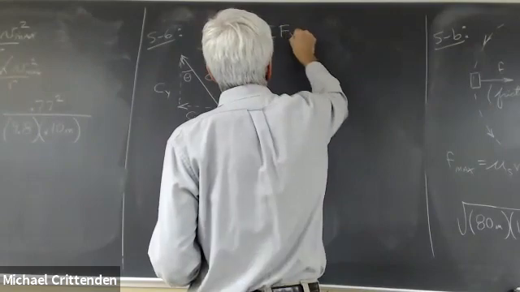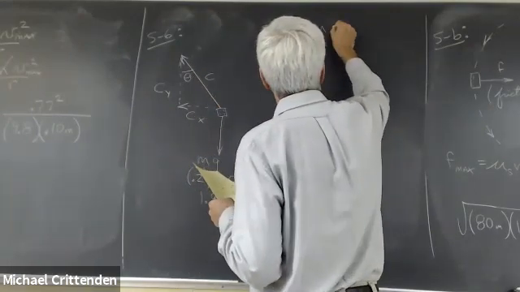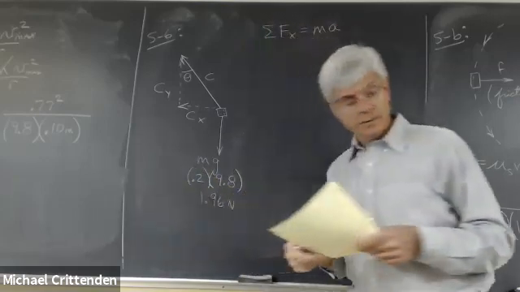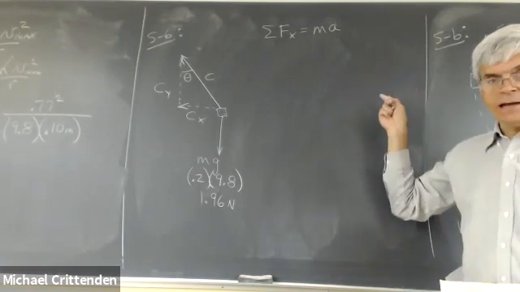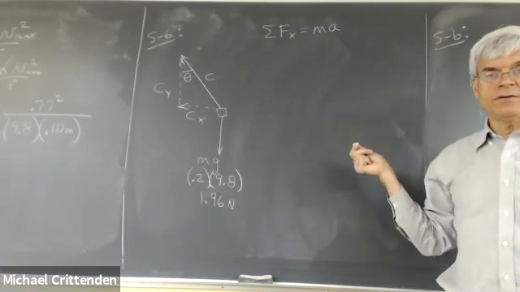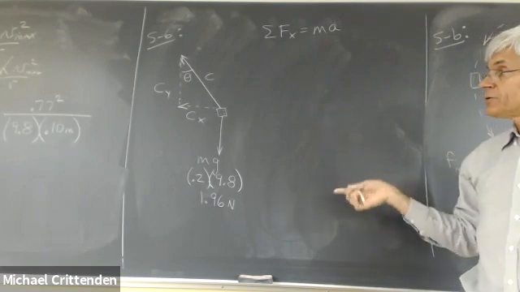Summation of the forces in the X direction is equal to MA. I mean, technically it's equal to M times AX, but AX is the only non-zero component the acceleration has.